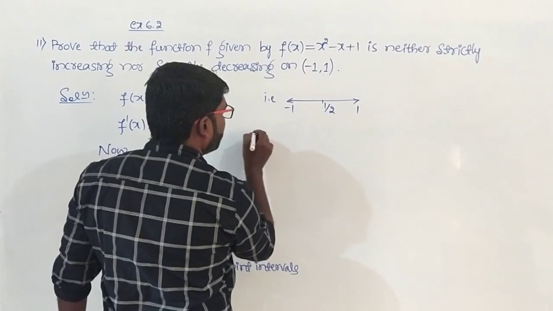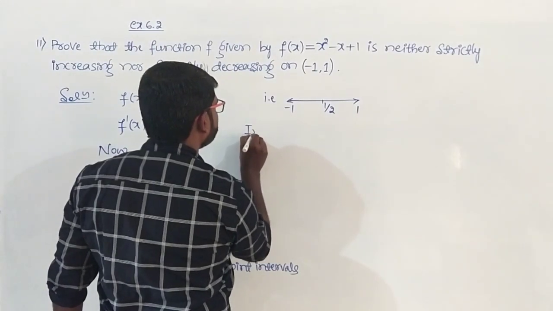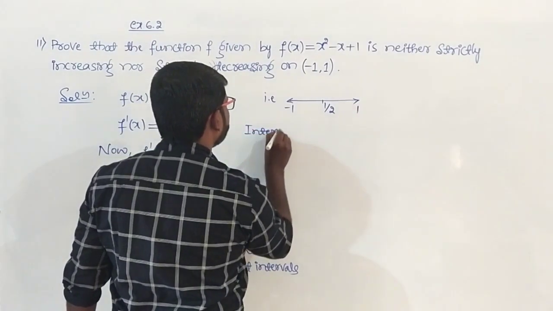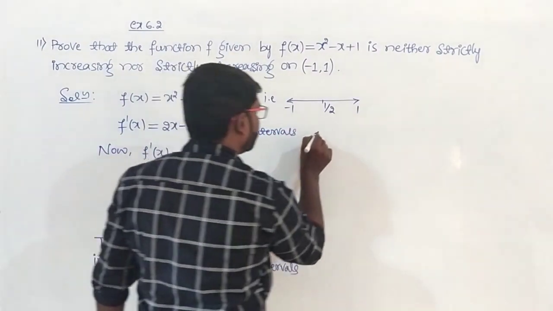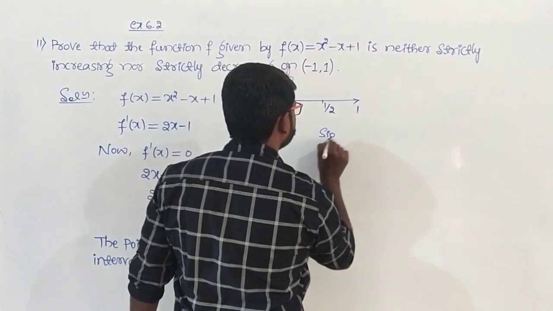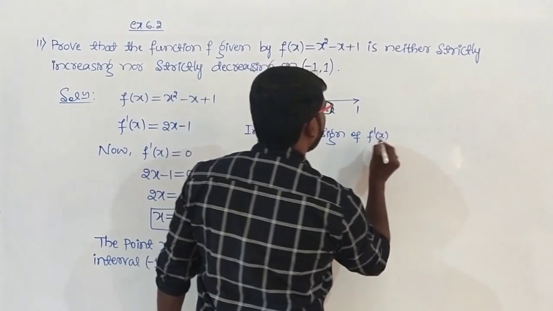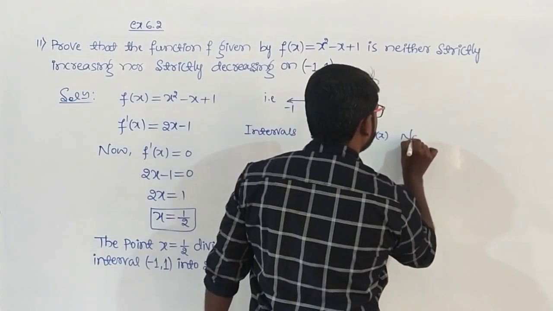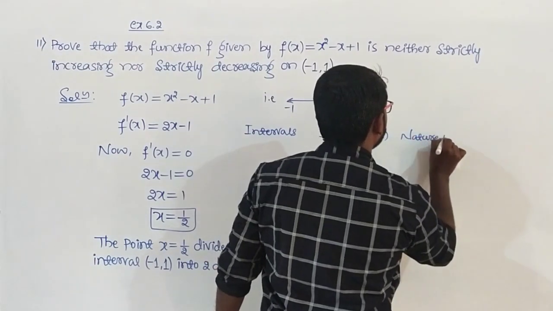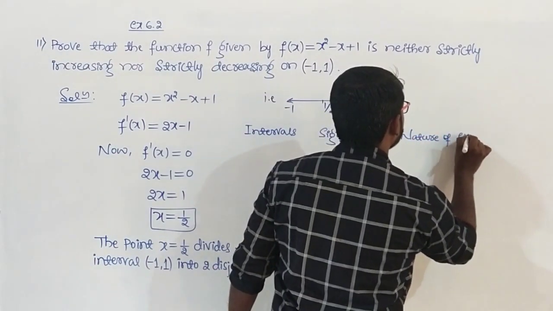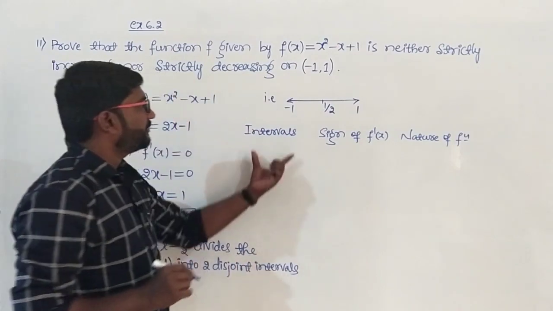So here we should go for the table now. Intervals, then sign of f dash of x, and then nature of function. So now what are the intervals?